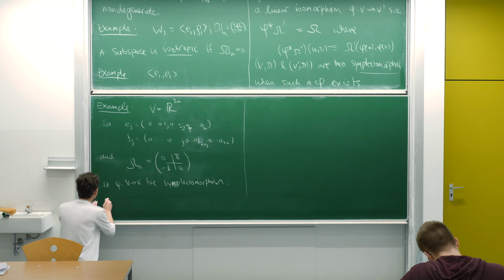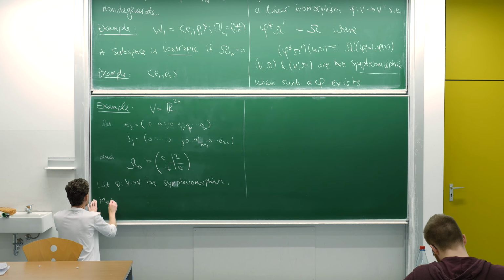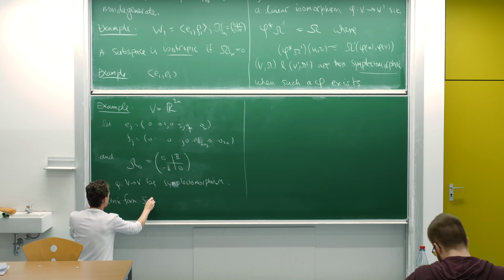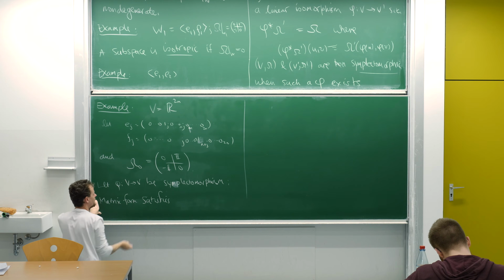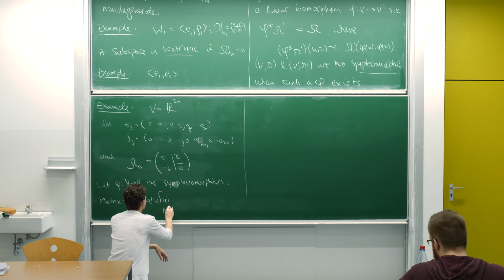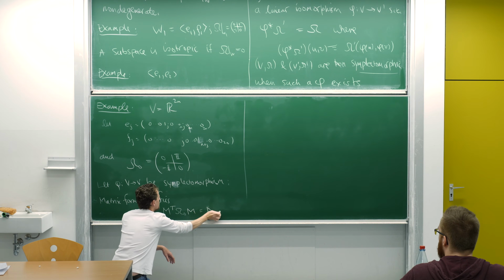Then it's worth proving that the matrix form of phi, M, satisfies M transpose omega naught M equals omega naught.